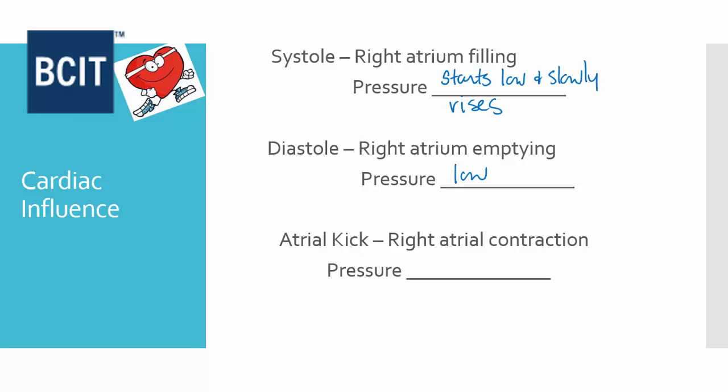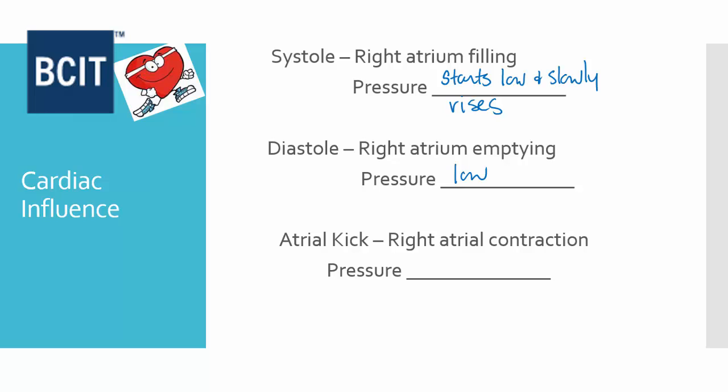So if we think about systole, the right ventricle is squeezing. So that right atrium has actually just emptied. So the pressure starts out low and slowly rises. Diastole, the tricuspid valve opens wide, so blood is moving right through that right atrium into the right ventricle to refill that ventricle again until systole happens.